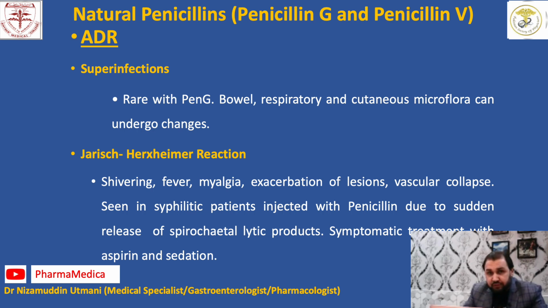If you treat a patient with syphilis with benzyl penicillin or benzathine penicillin, there is killing of a lot of spirochetes, the treponema, and a lot of intracellular material comes out, and the person can develop an allergic reaction to those chemicals, and they can develop fever, rash, irritation, urticaria, and even a psychosis type of reaction. So in such a condition, you can give aspirin and you can sedate the patient. That Jarisch-Herxheimer reaction usually occurs with these drugs.